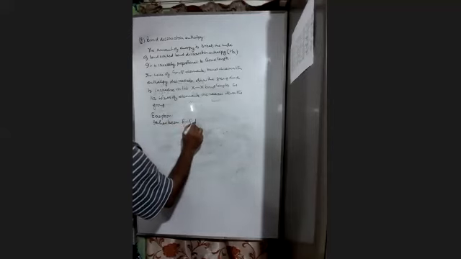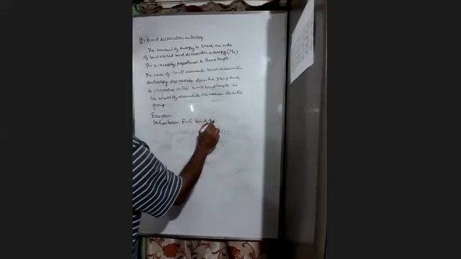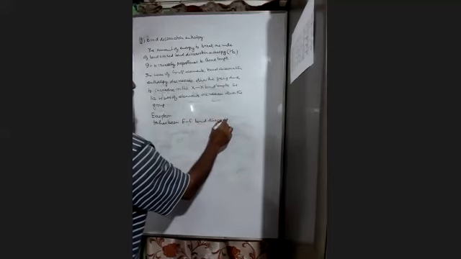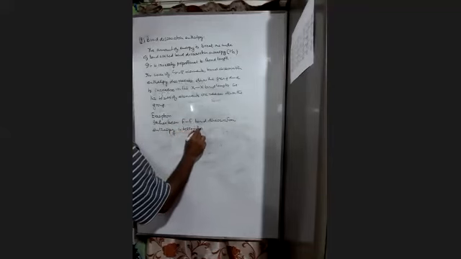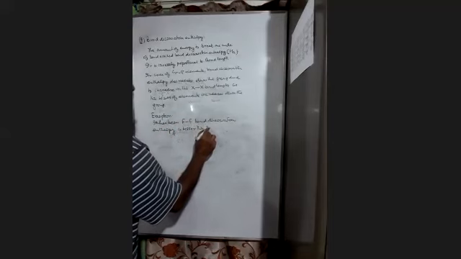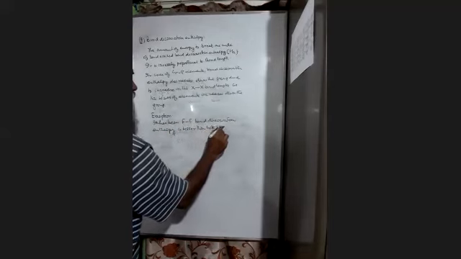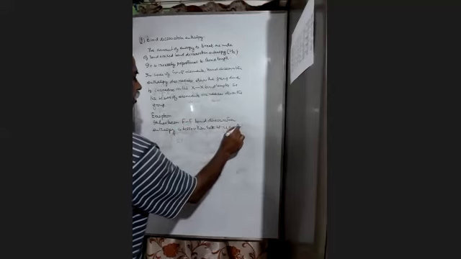So we'll write now here. It has been observed fluorine bond dissociation enthalpy is lesser than both chlorine and bromine. Why?